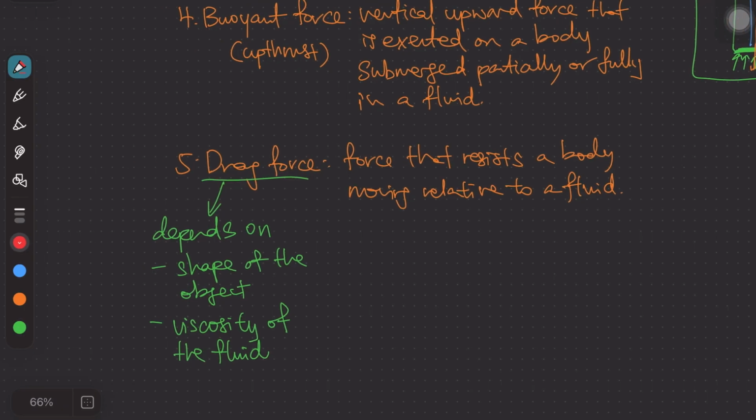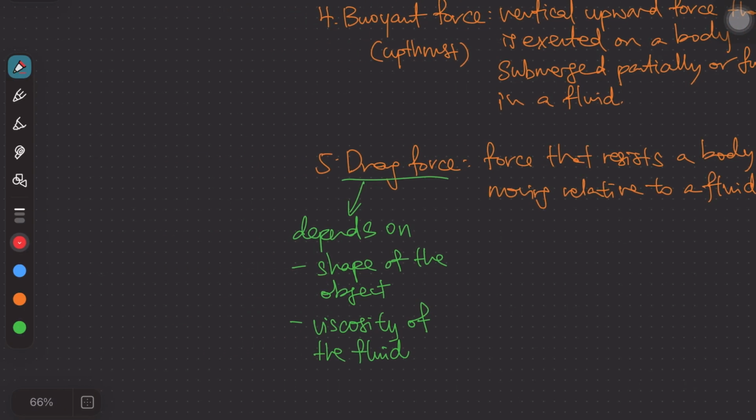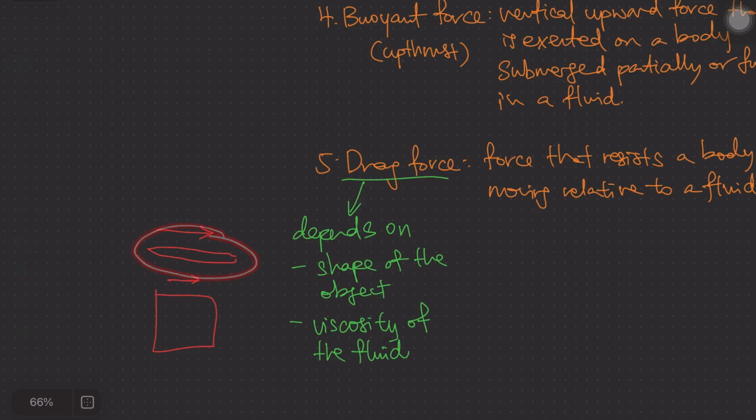You can imagine if the object is more aerodynamic, for example it has a shape of this going through the water, as compared to this going through the water, you expect this one to have less drag force acting on it by the water as compared to this body.